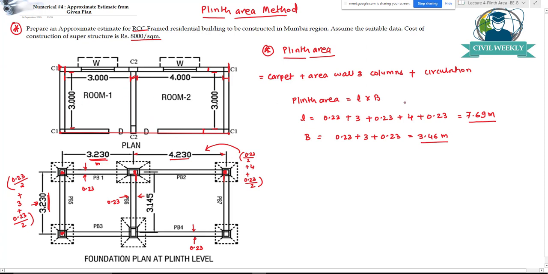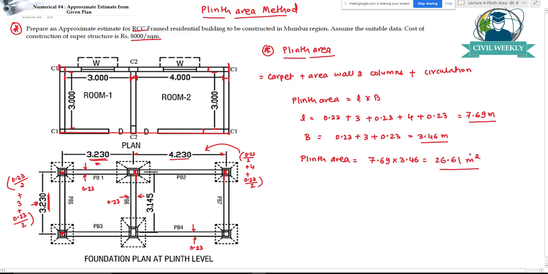If I consider these dimensions, they cover outer to outer points of this structure. Considering outer to outer dimensions, we get the total plinth area. So plinth area will be equal to 7.69 into 3.46, which works out to 26.61 square meters.